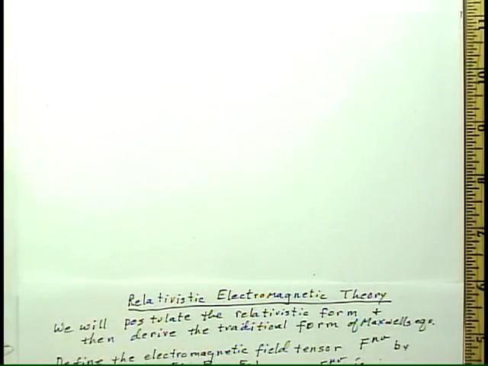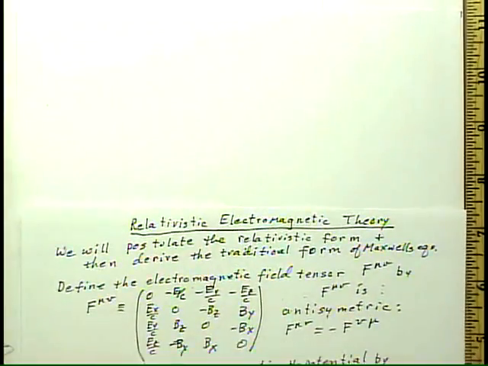So I'm going to begin here with a tensor form that's relativistically covariant, meaning it has a manifest relativistic tensor form, and we're going to take that and derive from that the regular Maxwell's equations. Obviously, you could take all of these equations and reverse them and go in the opposite direction and get the relativistic form from the non-relativistic expression.